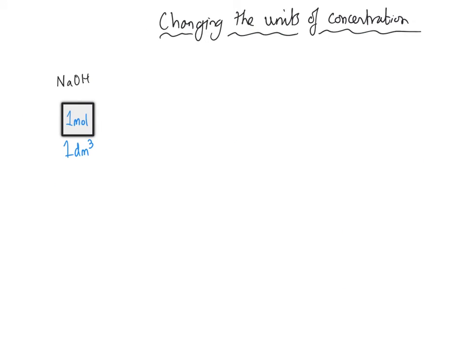Now we've got 2 units for concentration, so it's important that you can change between those 2 units if they give you the command. So to do that, let me show you a situation here where we've got sodium hydroxide. We've got 1 mole of sodium hydroxide in 1 decimeter cubed, and so the concentration is 1 mole per cubic decimeter.